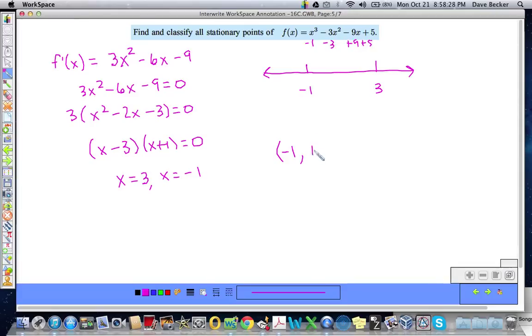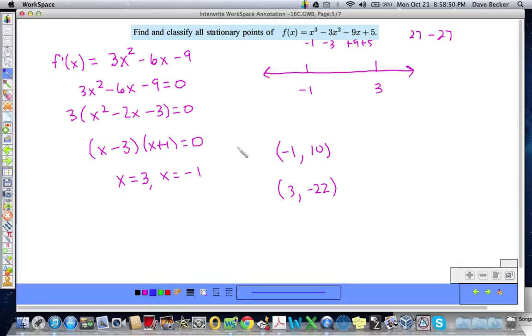So that's going to be (negative 1, 10). And then for 3, I hope I can do this in my head. So that would be 27 minus 27, so that's gone. Then another negative 27 plus 5, so that's negative 22. Phew, I hope I got that right.